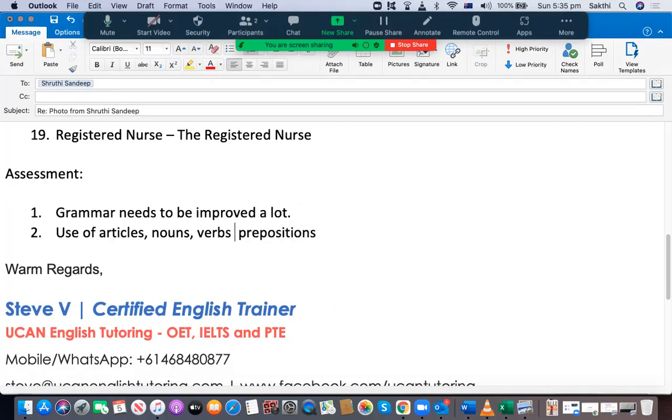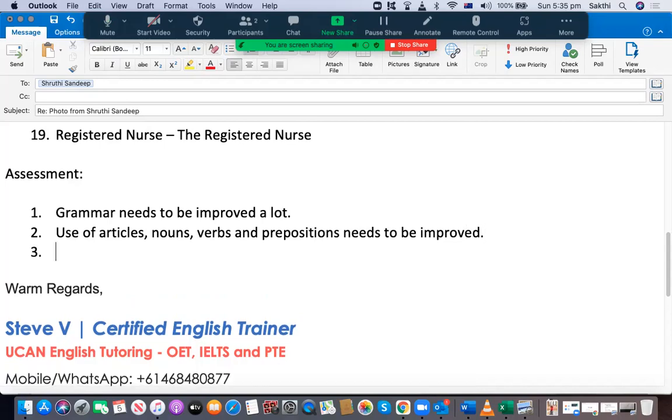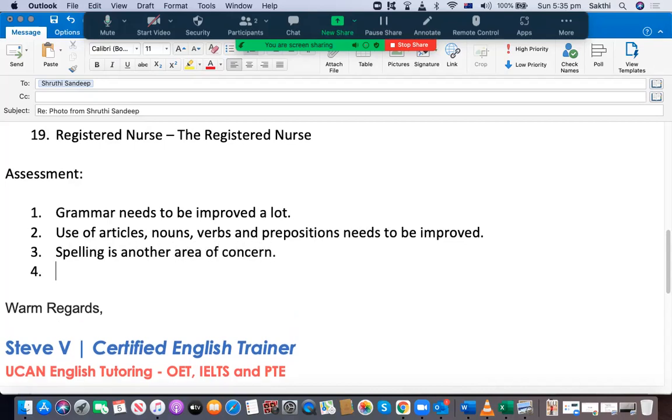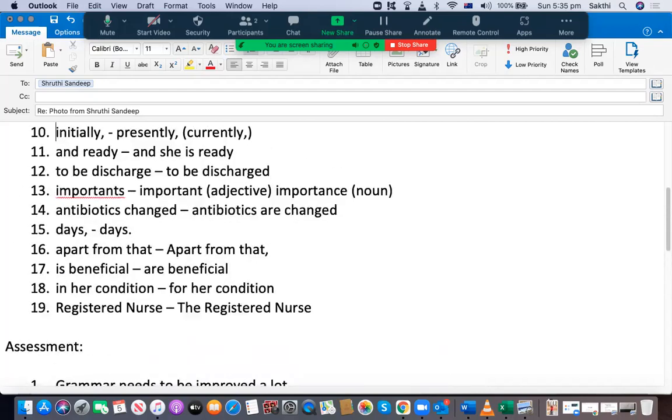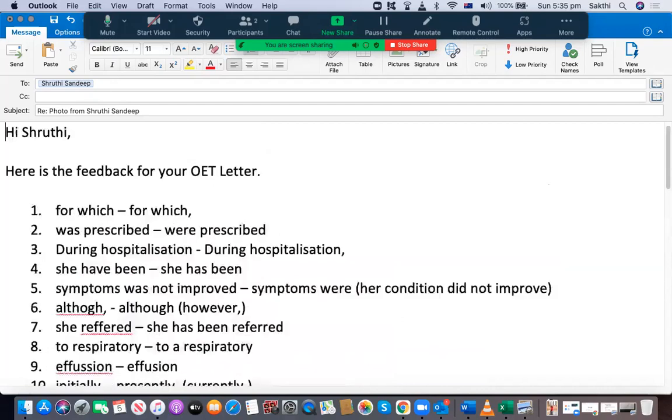So these are the areas you need to focus on. Spelling is another area of concern, because you have been unable to write these words properly.